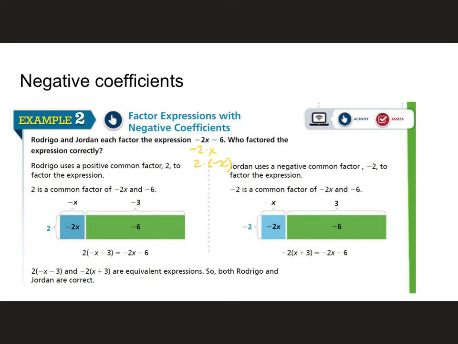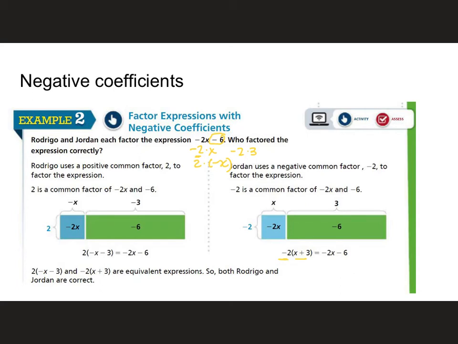And if I do that and I'm over here at the 6, I have to be very careful, because if I choose negative 2 as my common factor, then that means I should look at this as negative 6, because negative 2 times 3 would be negative 6. So now I can factor out a negative 2, and I would have x plus 3 inside the parentheses.